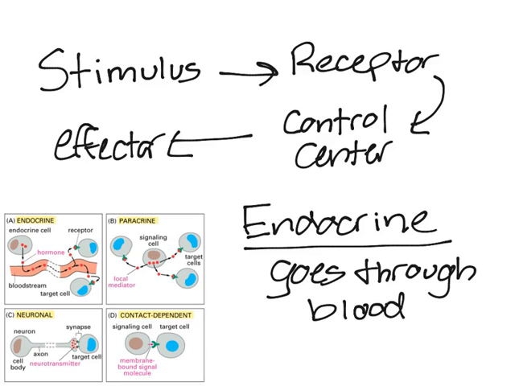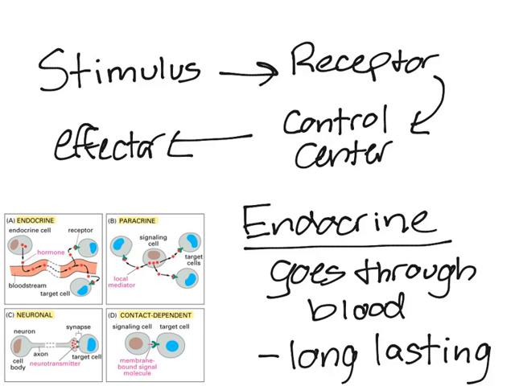And it's usually long lasting. And so as shown in this picture right there, the endocrine cell right here releases chemicals that go into the blood, and then it will affect a receptor cell or a target cell, generally a lot further away than most communicating types.